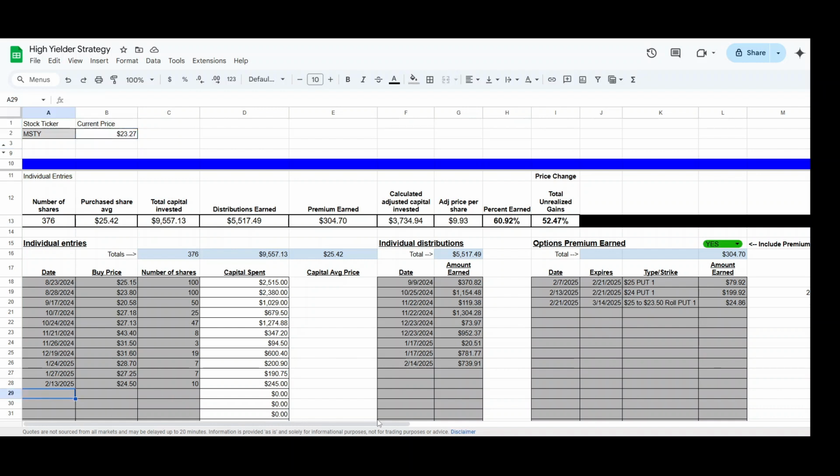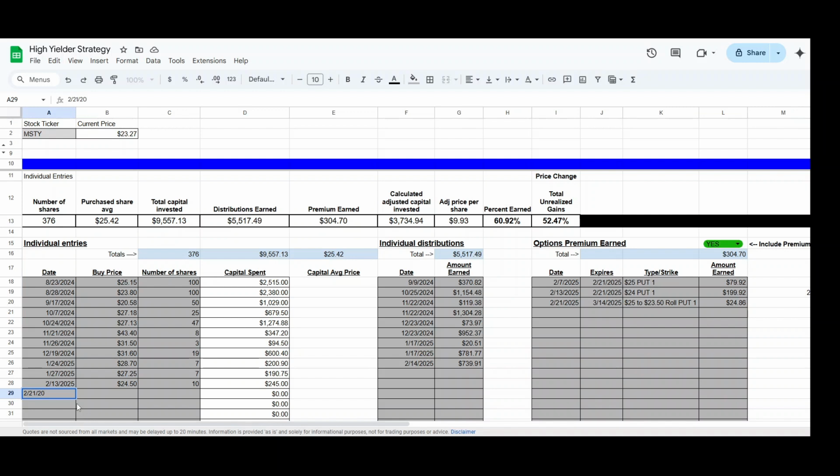So let's just go ahead and enter this in so that we can update our percent earned up here and everything else, because this will lower and the adjusted price will also go up slightly, because that $25 did take it down from $10 adjusted price down to a $9.93. But that will go up when I add in those 100 shares for this put that got assigned, or that will get assigned. So let's just go ahead and enter that in here.